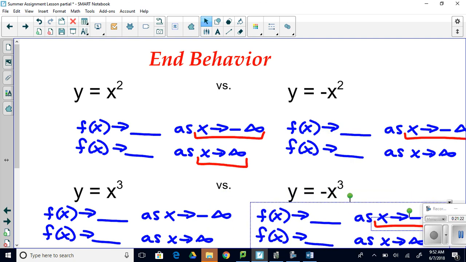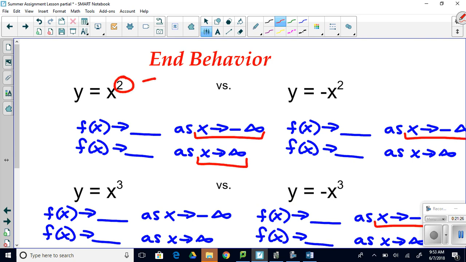Okay, so let's think about each of these separately. We know that even exponents, so if it's even, and if the number in front is positive, because this is really 1x squared, right? We know that they sort of have a smiley face. That's a smiley face parabola.